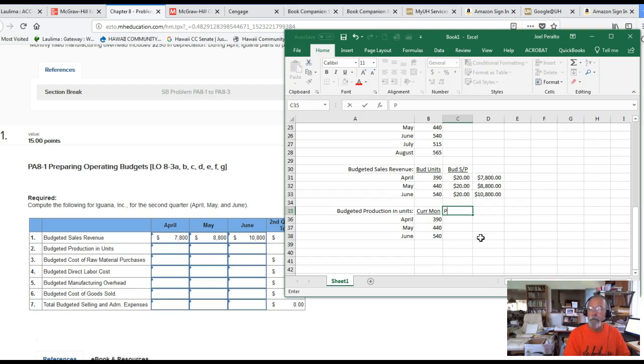So plus 40% next month. We need to fit this in there. Plus 40% next month.